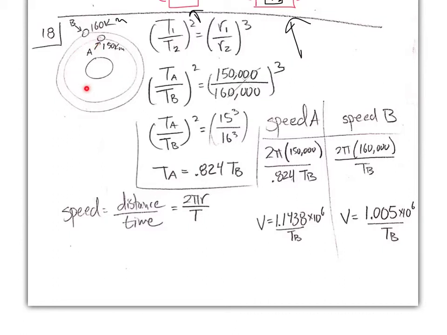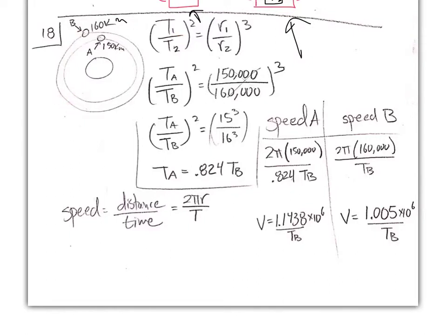The closer the satellite is, the faster it goes and the less time it takes. So just by looking at it, you could know that A is going faster and will take less time, and B is going slower and will take more time.